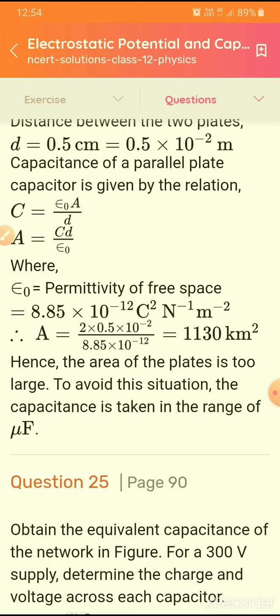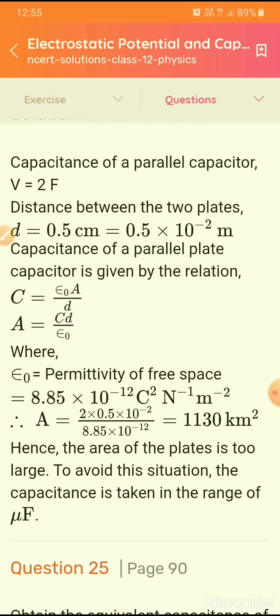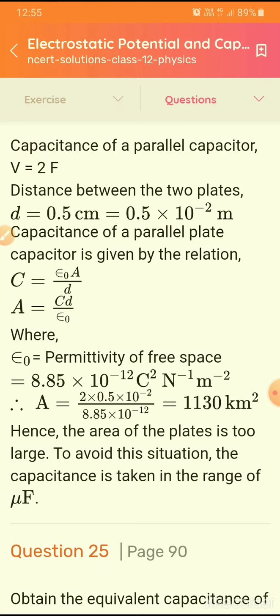If you substitute the values in this formula, A is equal to 2 into 0.5 into 10 to the power of minus 2 divided by 8.85 into 10 to the power of minus 12, and the answer will be 1130 kilometer squared.